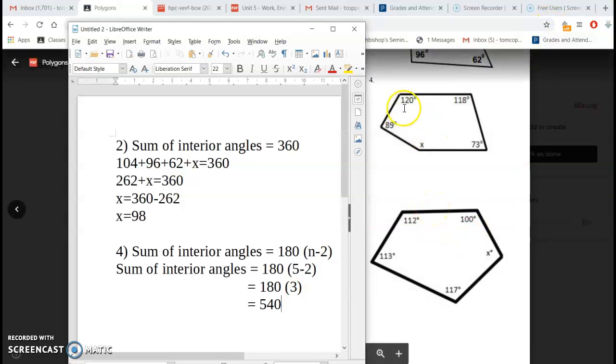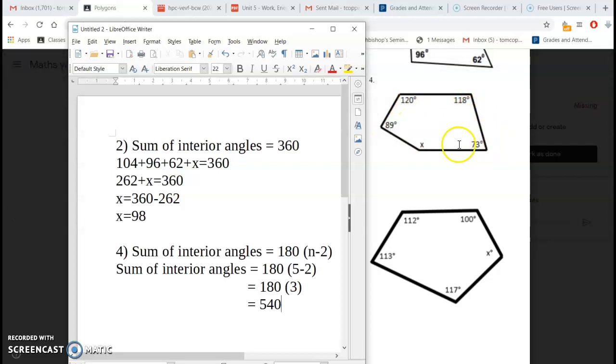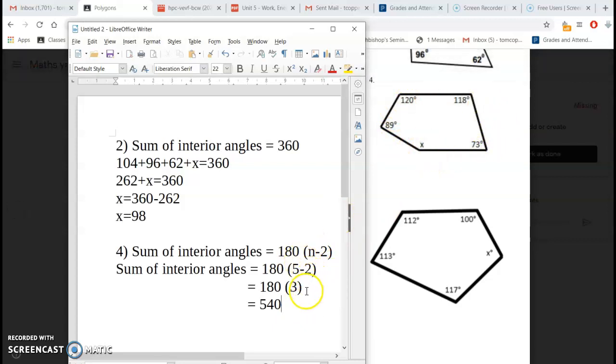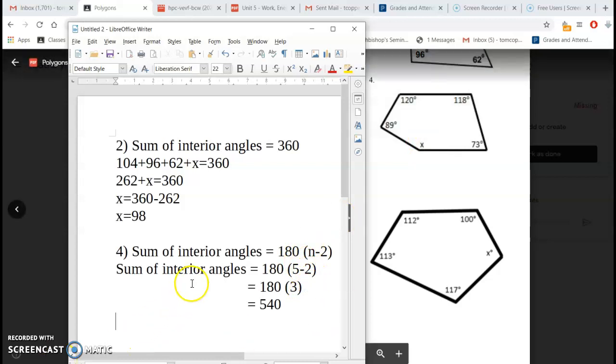So number 4, we know that all these numbers, 120 plus 118 plus 73 plus 89 plus x is equal to 540. So these 5 numbers add up to 540, but we need to find x now. So what we can do is the sum of the interior angles, which are all these angles added together.